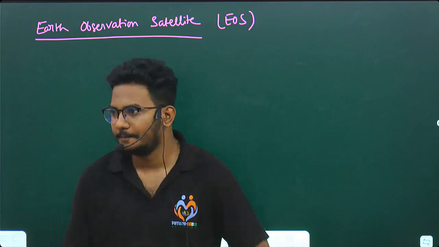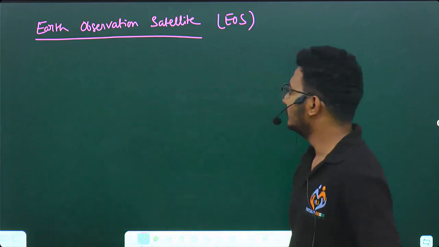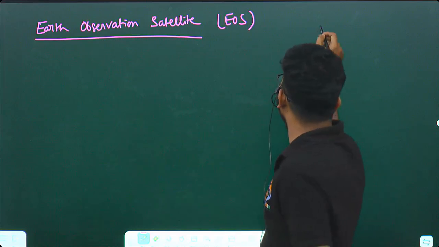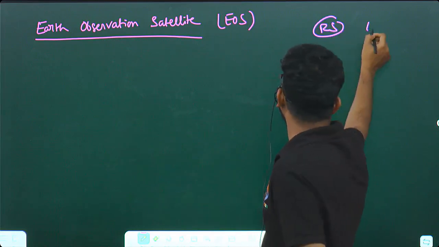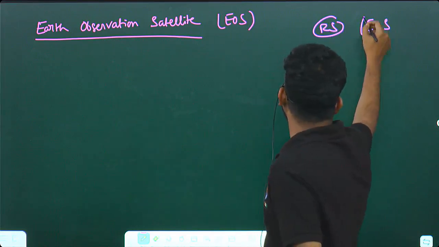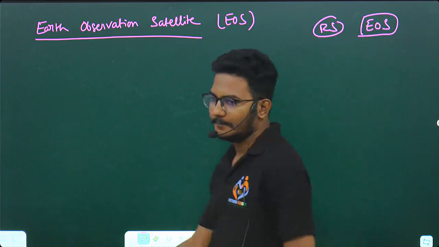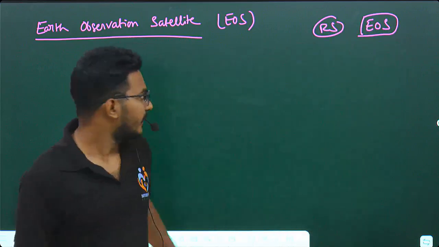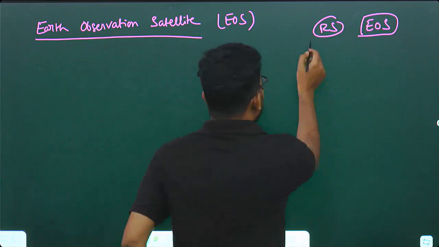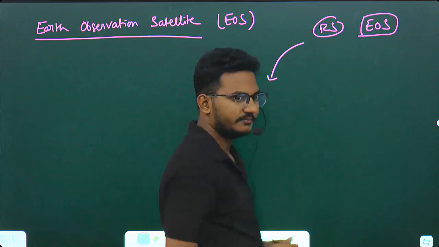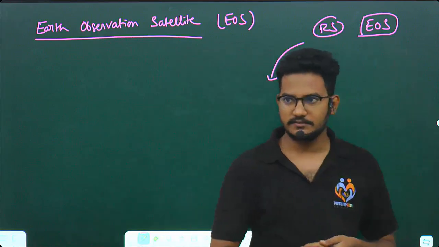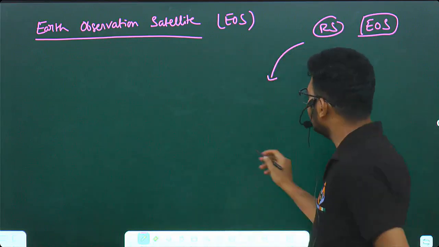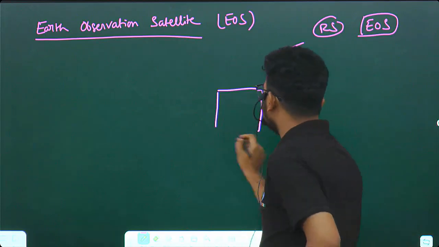Okay, see what's the difference. We have seen remote sensing, and now we are seeing Earth observation satellites. Here also we get to know the changes, and here also we get to know the changes. But let me give you some examples. Let's say this is ice.